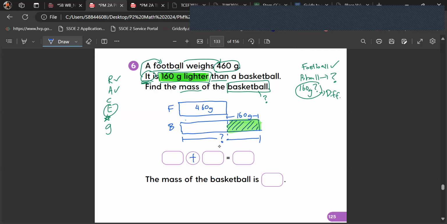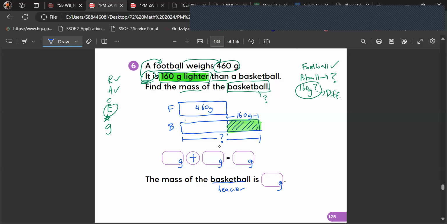Yes, very good. I need to use plus. So you need to remember the basketball is a bigger number because basketball is heavier. Again, we must remind ourselves to write all the units into the blanks. You need to find the basketball.